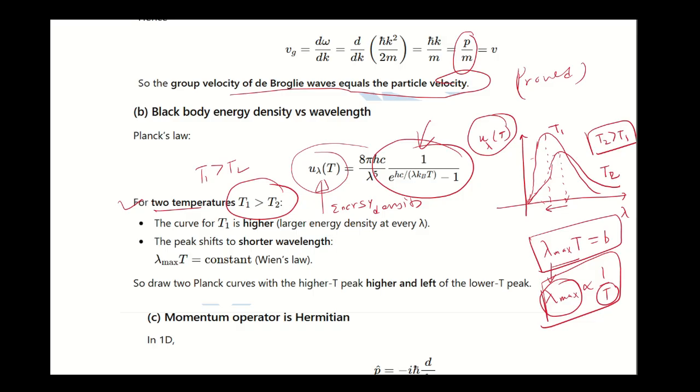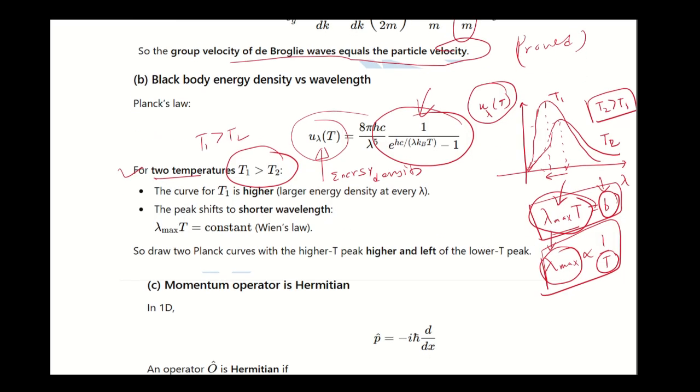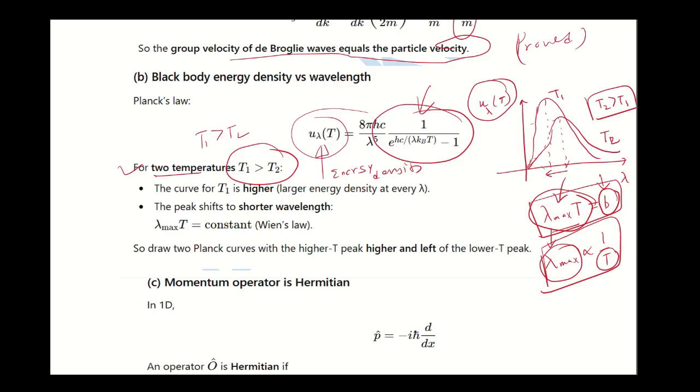Here lambda max is for higher temperature, and the product lambda max times T must be the same for all plots. That is a constant value, called Wien's constant. So the peak shifts to shorter wavelength, lambda max T equals constant, that is Wien's displacement law. So draw two curves. This will be the plot.